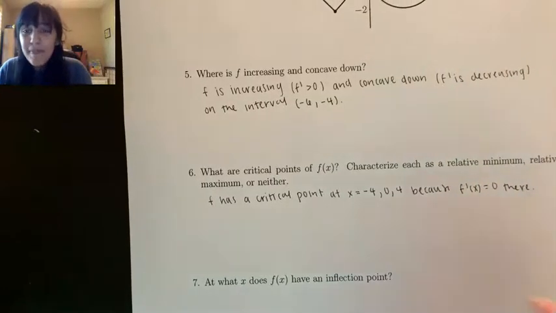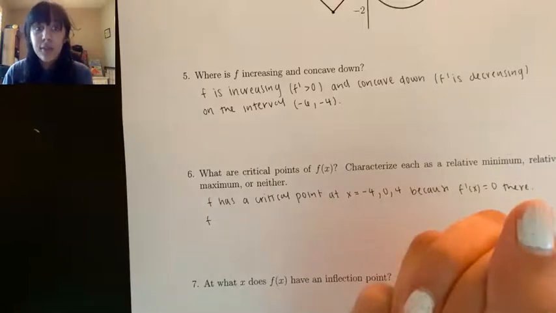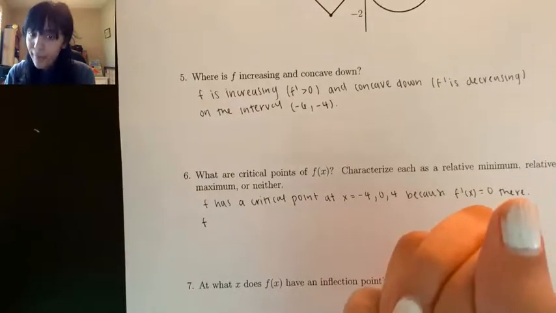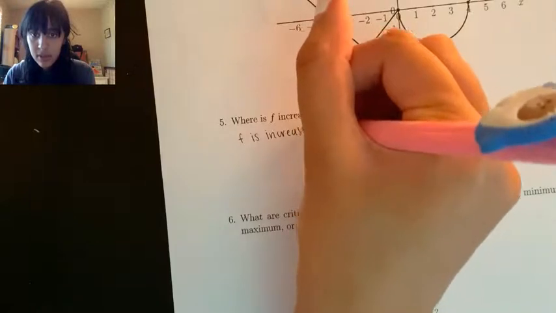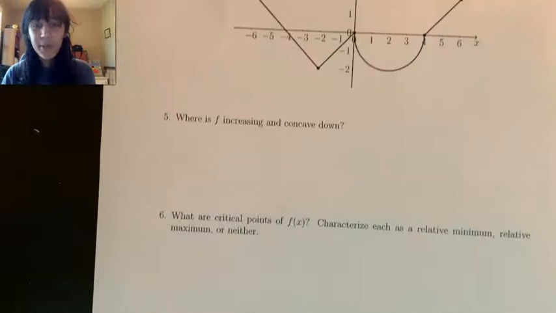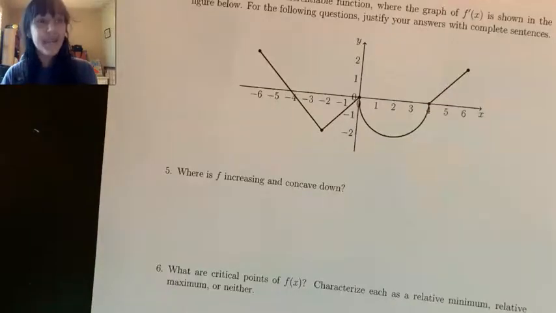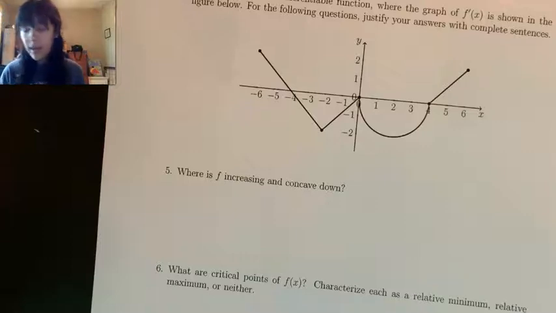Okay, so now we want to take on the next part of the question, which is to characterize each of those critical points as a relative min, relative max, or neither. So if we go back up to the graph, there we go. Now let's talk about relative min first. We know that a relative min is when the graph goes from negative to positive at a point.